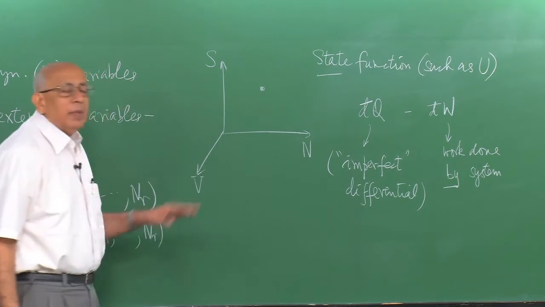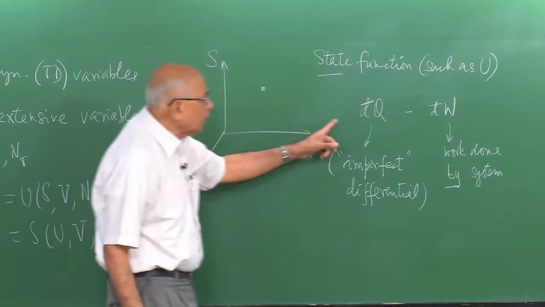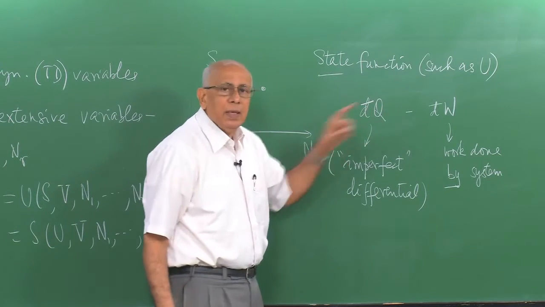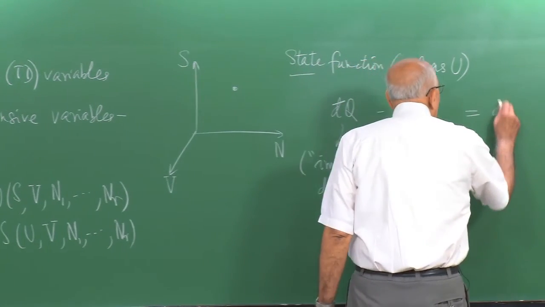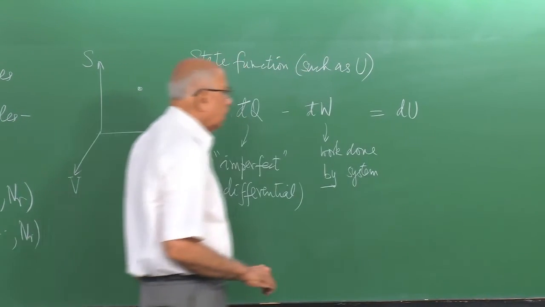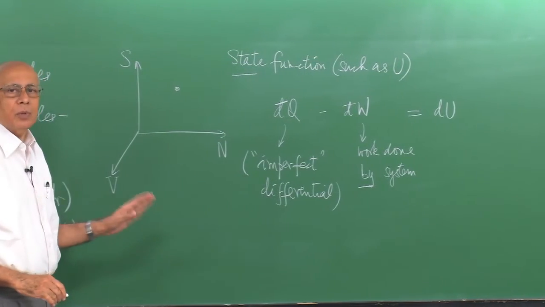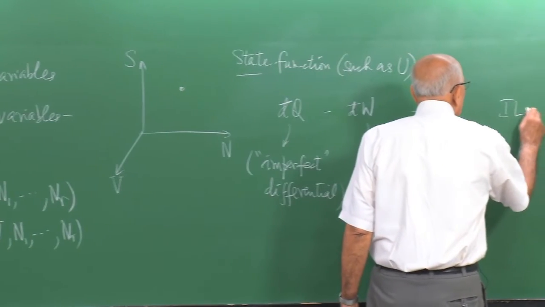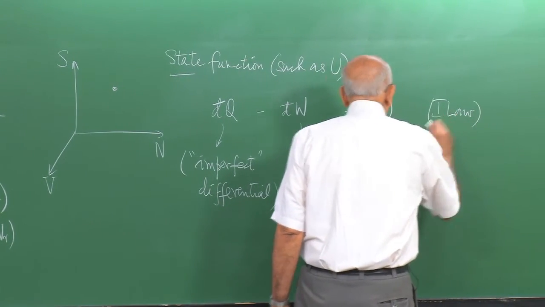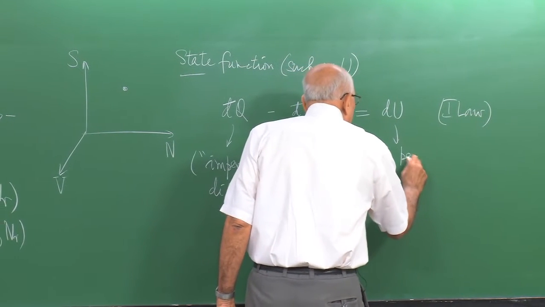Then the remarkable thing is that the difference between these two imperfect differentials is a perfect differential which turns out to be dU here. That is the first law of thermodynamics. This is the so called perfect differential.